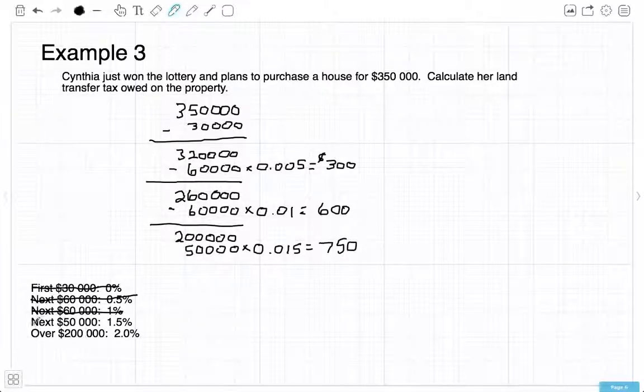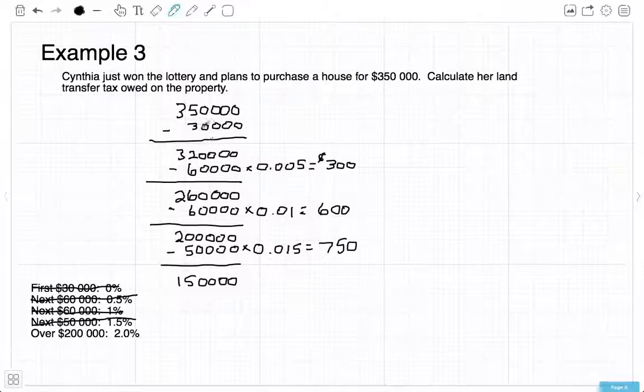So I've taken care of the next line. I'm going to subtract 50,000 out of the value of the house because I've taxed another 50,000 worth. That leaves me with $150,000 still remaining to be taxed.